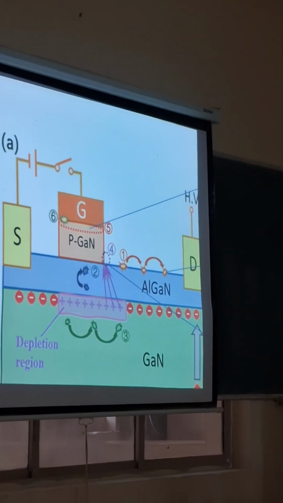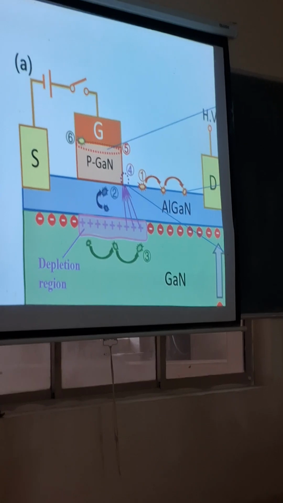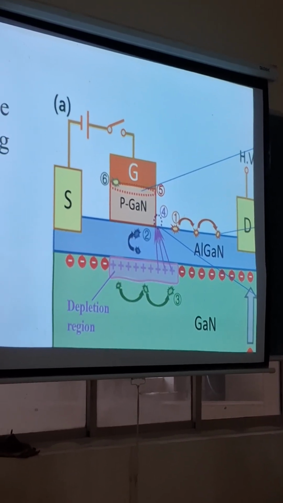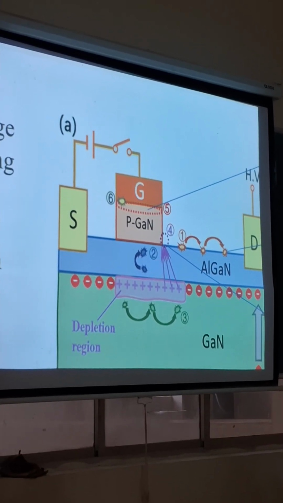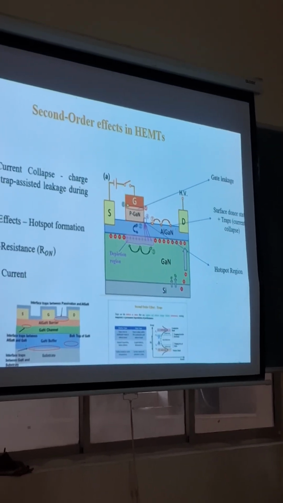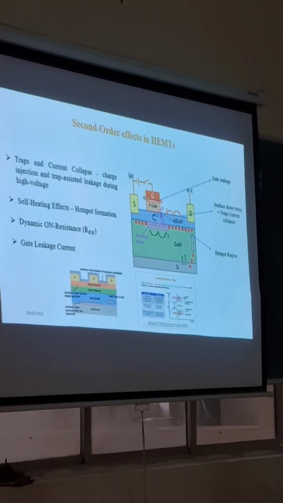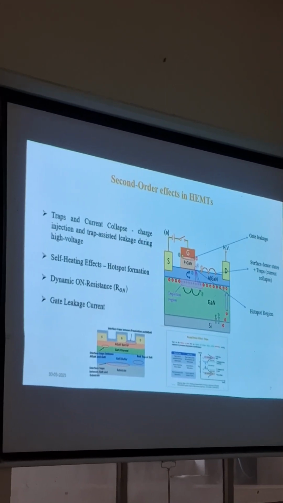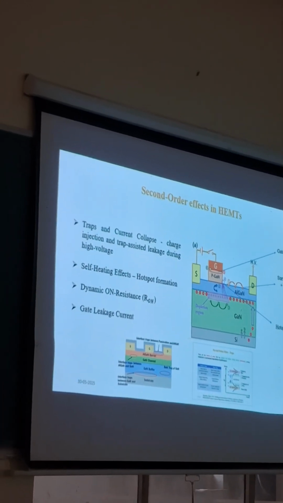When a high voltage is applied, the electric field is distributed at the PN area, so the peak electric field is over the substrate. That increases the heat of the device, which leads to high energy of electrons, and it leads to the gate leakage. It's also called the current collapse method.